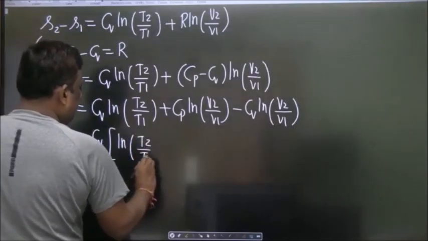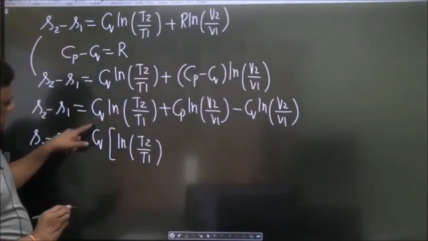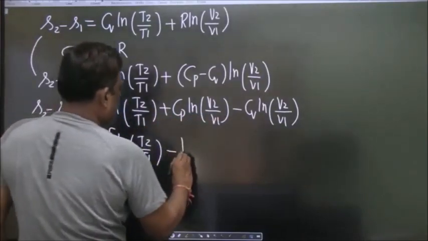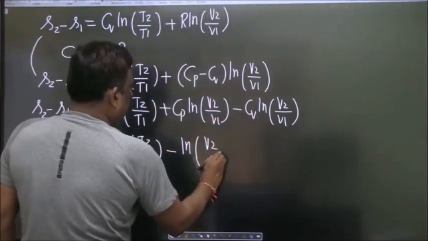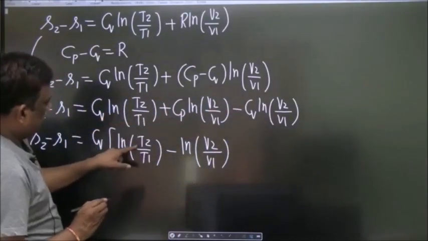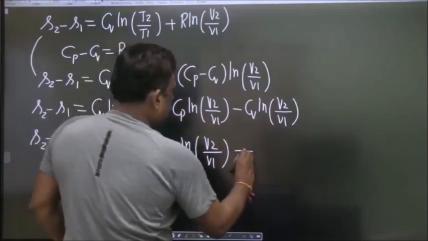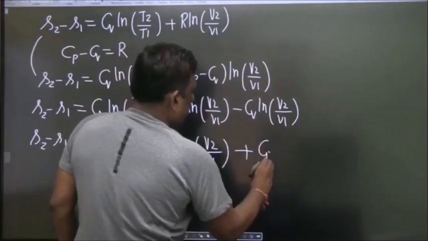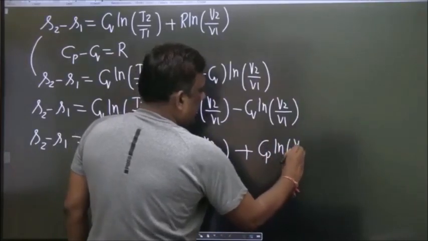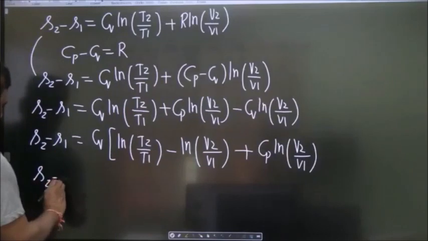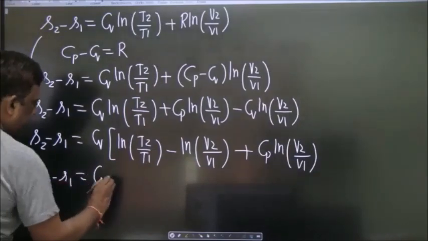So it is Cv times ln T2 by T1 minus ln V2 by V1, plus Cp ln V2 by V1. Absolutely.